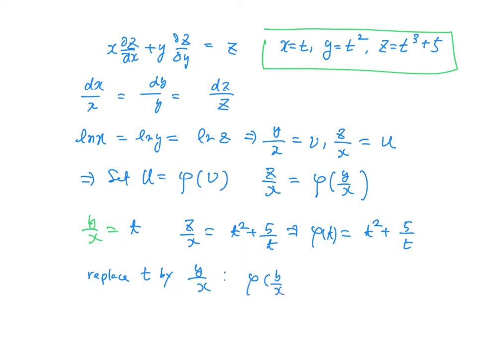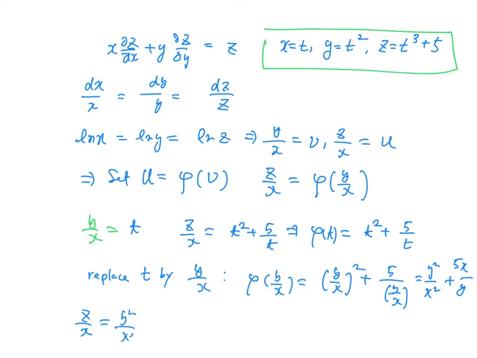Phi of y over x is y squared over x squared plus 5x over y. Since u is phi, z over x is actually y squared over x squared plus 5x over y. Or you can change it to z times y equals y to the fourth plus 5x cubed.